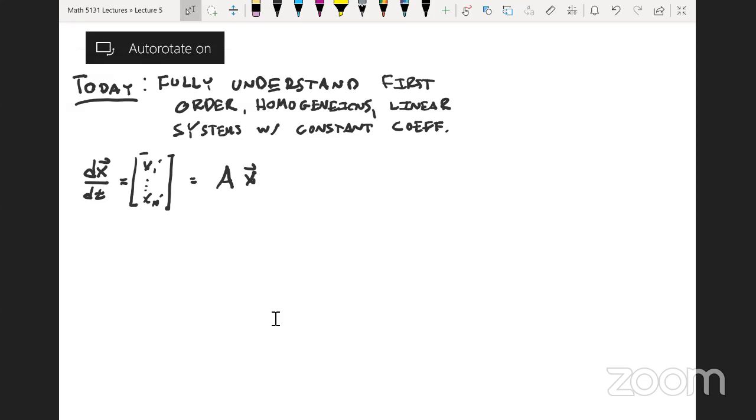Okay, so this is what we're trying to understand. We're going to really fully understand first order homogeneous linear systems with constant coefficients. And the technique that we're going to use here, and so these are simple things, right?